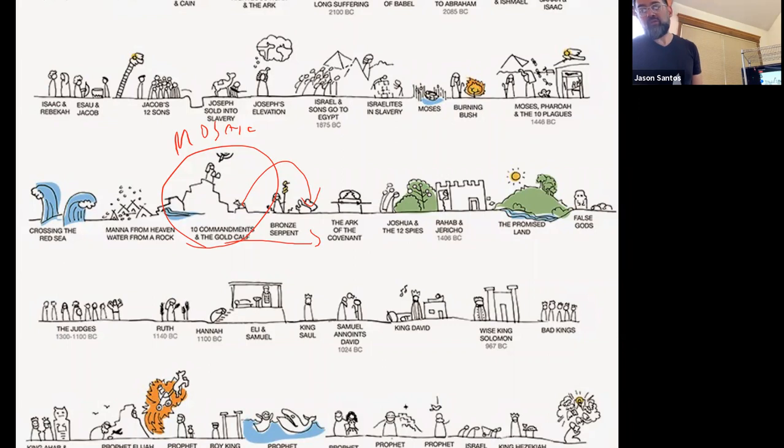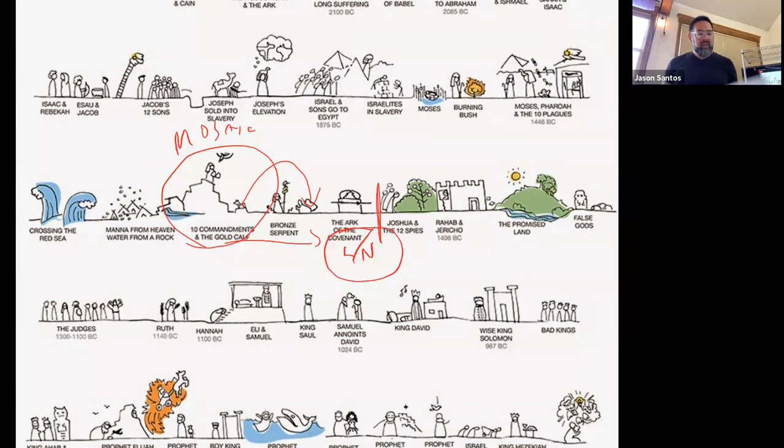And right in here you have Leviticus and Numbers. Leviticus was establishing the Levi tribe as the priestly tribe.